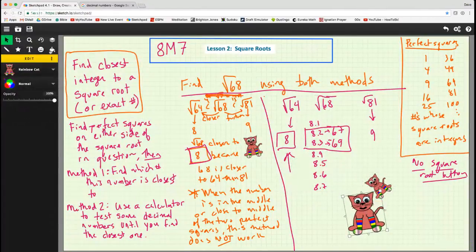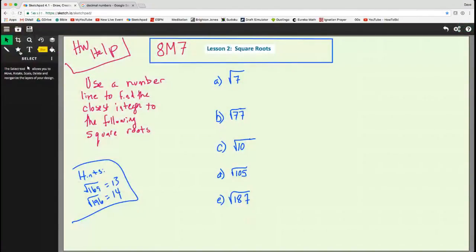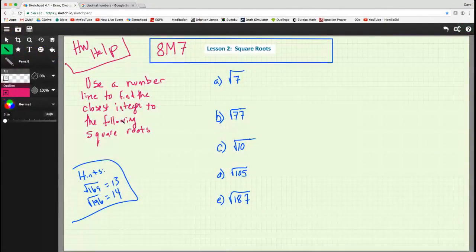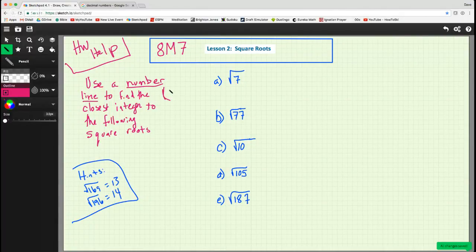Okay, now what you're going to do on these next 2 slides is, this is homework help. So I want you to use a number line to find the closest integer to the following square roots. You don't necessarily need to use a number line. You can also just find the bounding perfect squares.